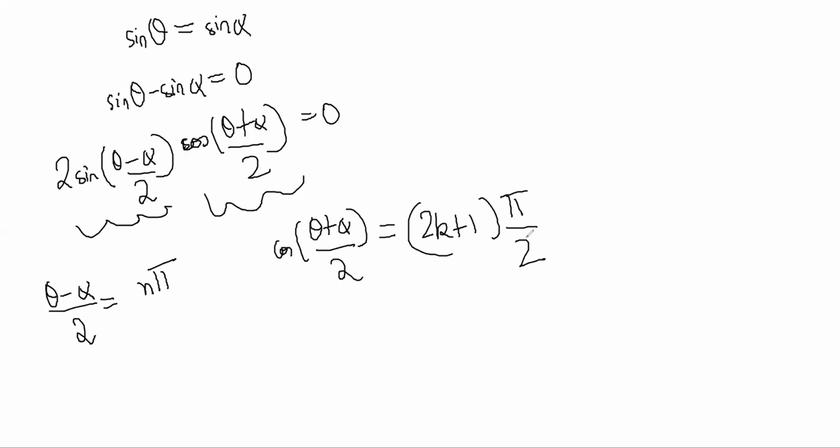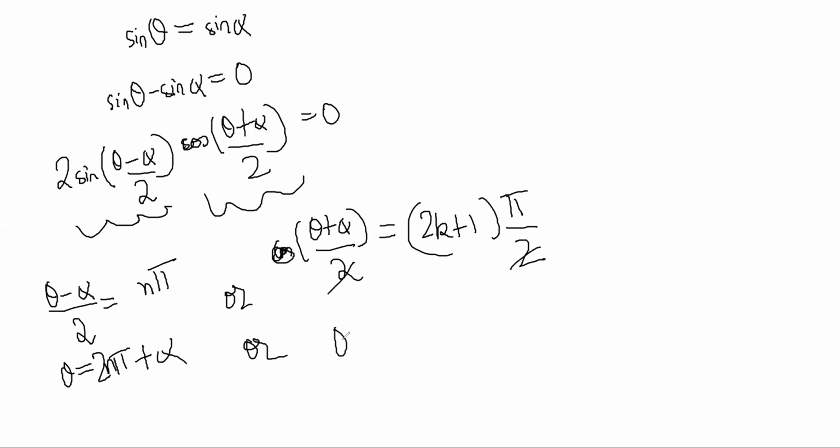Cos will be 0 at odd multiples of pi by 2. It will not be 0 at multiples of pi, right? Correct. So from here you get theta is equal to 2n pi plus alpha, or you get theta plus alpha is equal to pi.